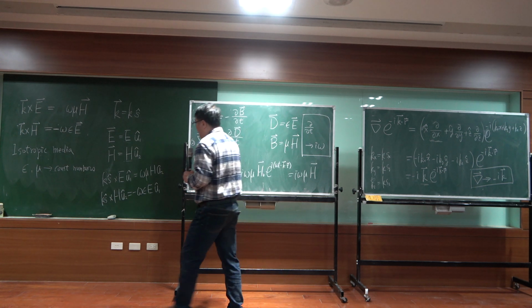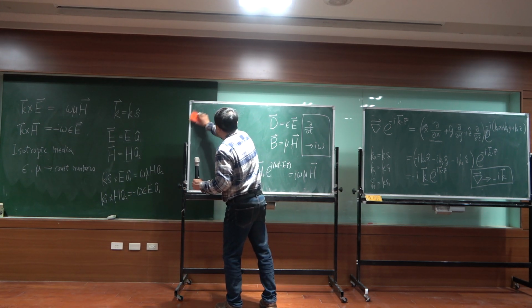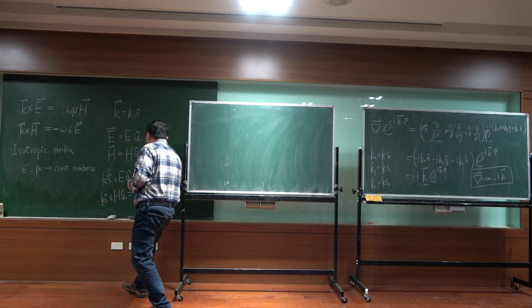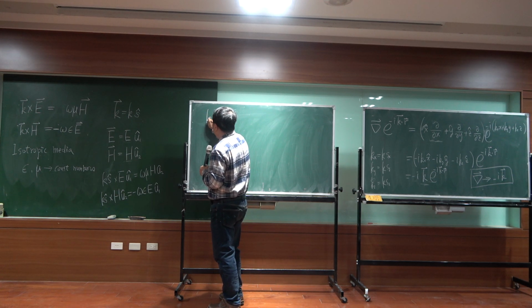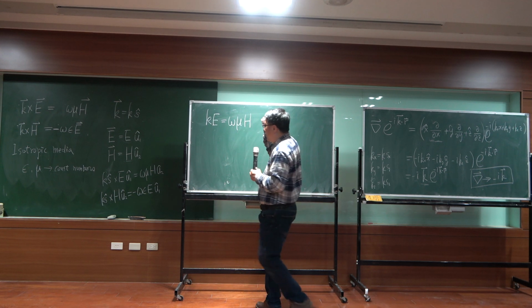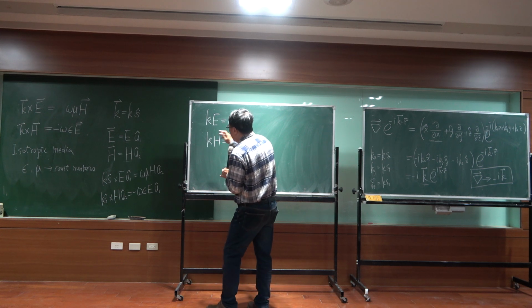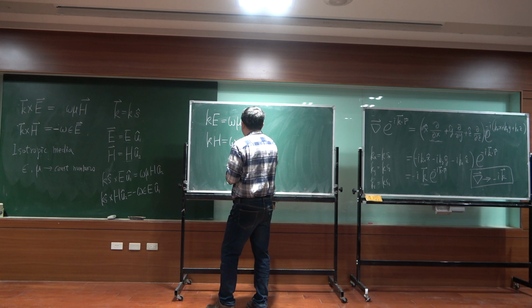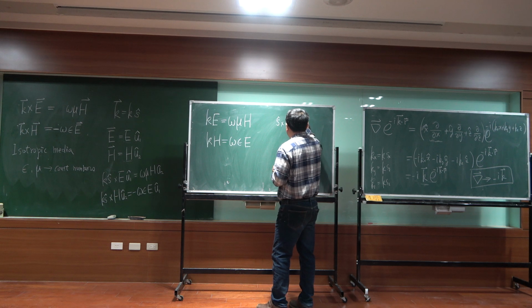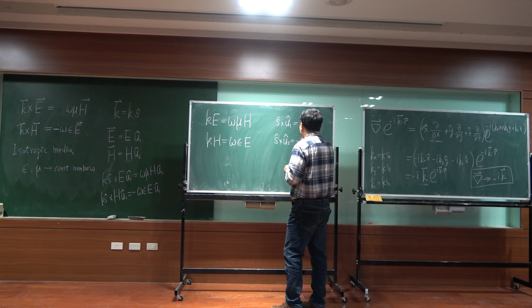So this result tells us that k E is equal to omega mu H, and k H is omega epsilon E, and S cross U1 is equal to U2, and S cross U2 is minus U1.